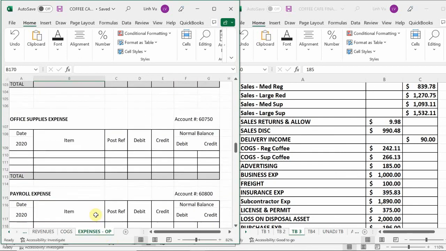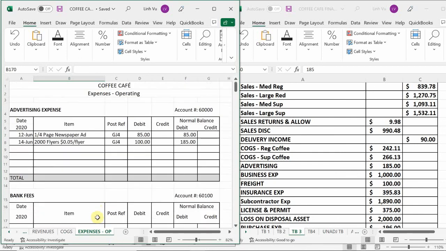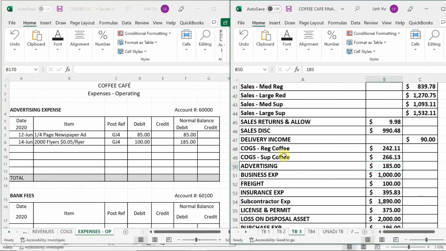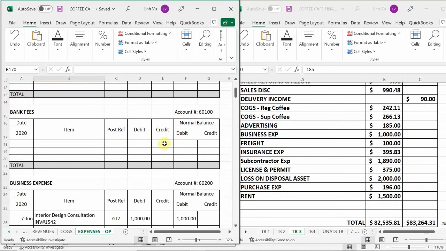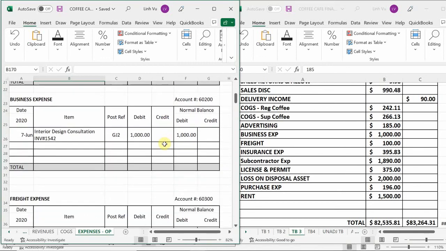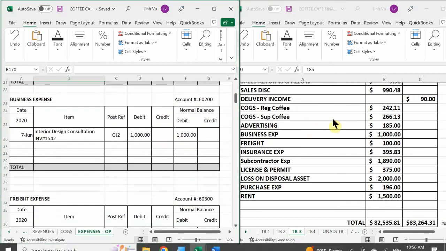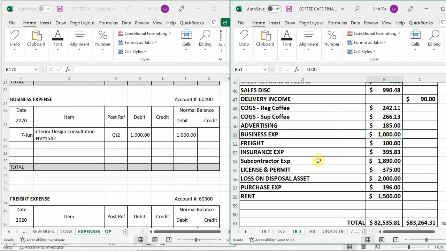Okay. Last section to go through is going to be our expenses, starting with the first one, advertising expense. $185. So it's still at 185. Okay. Any bank fees? No. Business expenses?